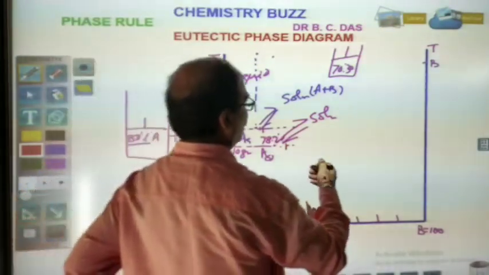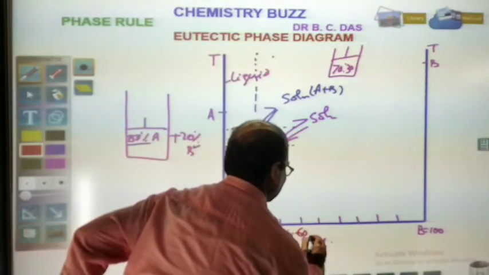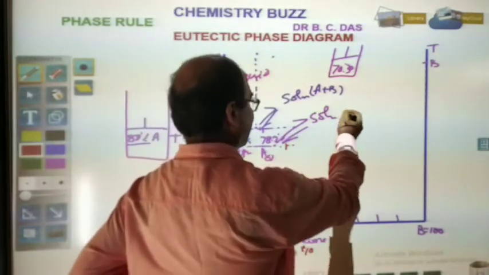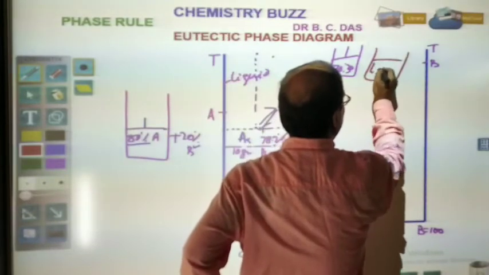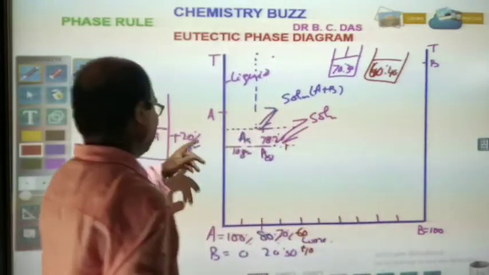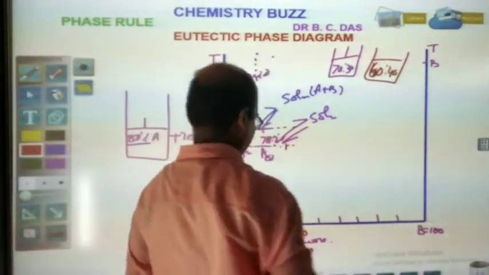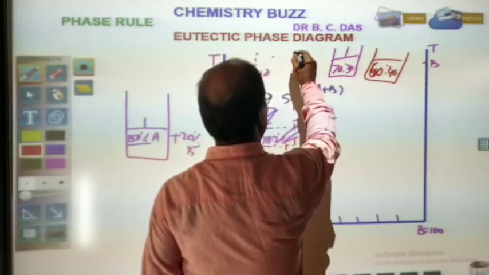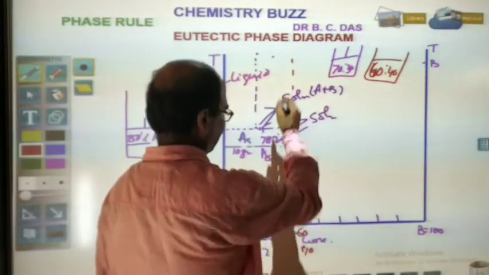If we go on changing, say this is 60 and 40. Again, let us take in another container a 60 to 40 ratio of A and B, and heat it to a very high temperature where this will become soluble and miscible to form a homogeneous single liquid phase.